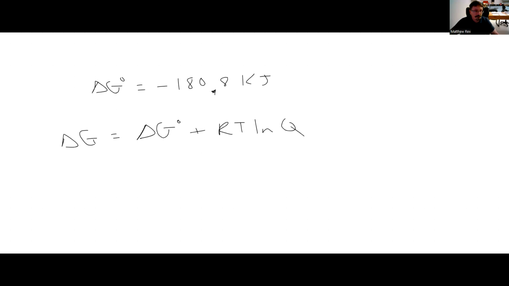So I'm going to have delta G. I'm going to convert that to joules, again, because our R has units of joules. We are given the temperature is 298 K. And then all I want to do here for Q is set up my reaction quotient.